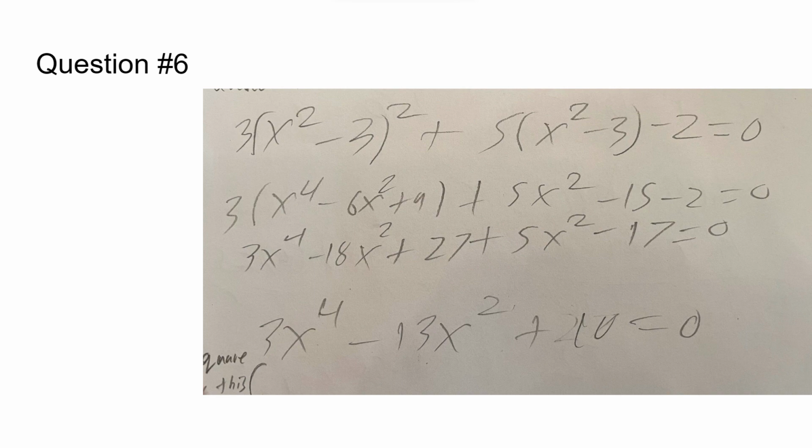All right, then we have to distribute 3 into x to the fourth power minus 6x squared plus 9, which gives us 3x to the fourth power minus 18x squared plus 27. Then we combine like terms to become 3x to the fourth power minus 13x squared plus 10 equals 0.